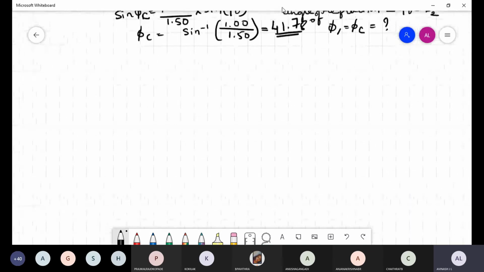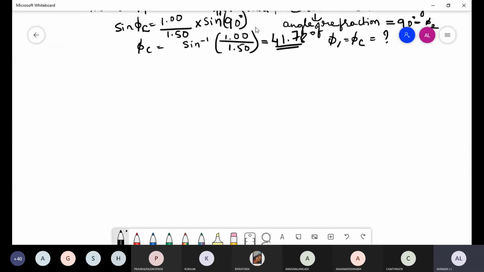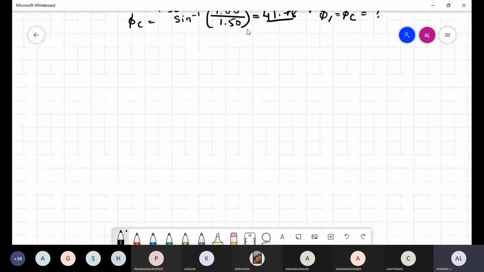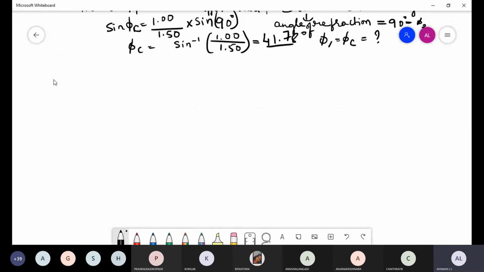So write down all of you. The numerical number 3. Write the question.